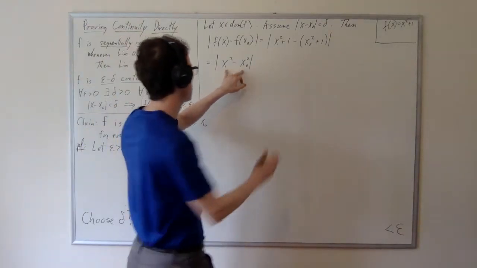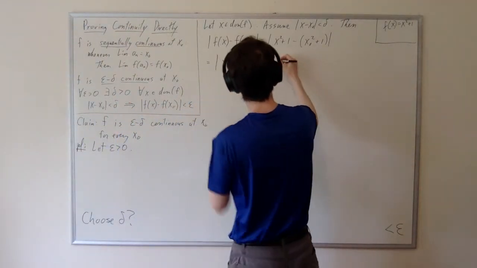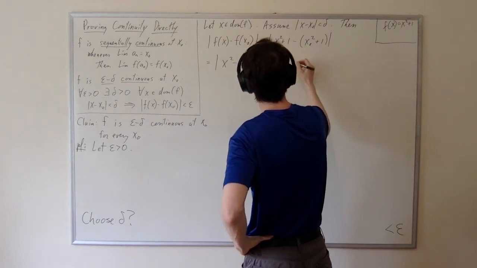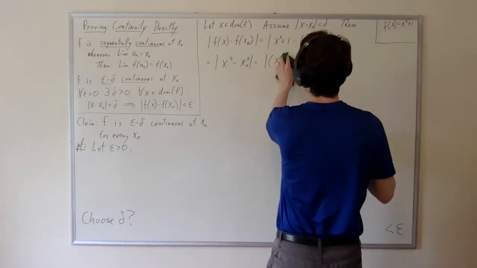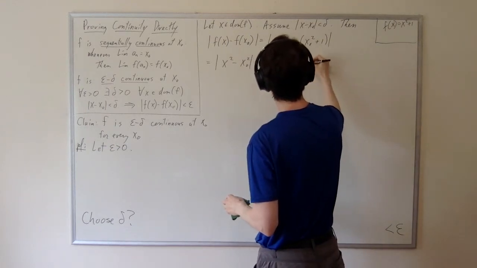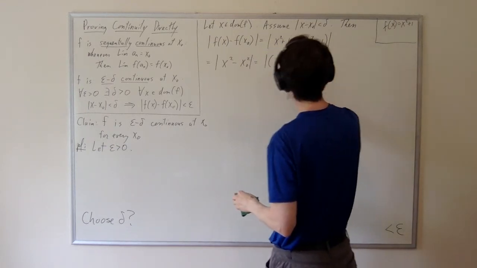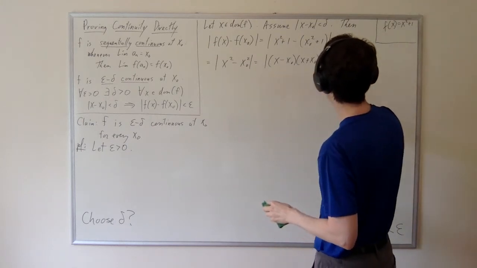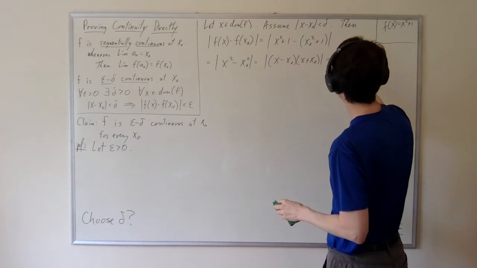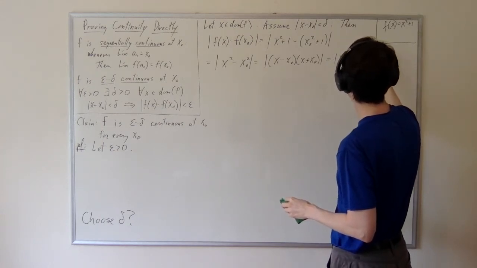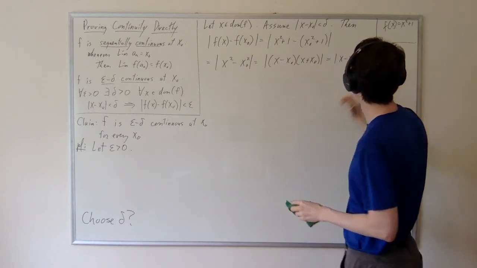Now that's a difference of two squares, and so it should be natural here to expect that we'll get, let's put the minus first, x minus x naught times x plus x naught. And then we've got the whole thing in absolute value signs, but the absolute value of a product is the product of the absolute values. So let's just distribute the absolute value to the product, and we'll get the absolute value of x minus x naught times the absolute value of x plus x naught.